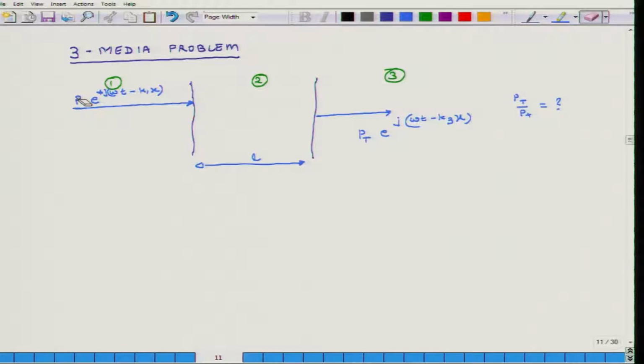Rather, in medium 1, the incident wave amplitude is A1, and then as this wave hits the boundary, part of it gets reflected, and the complex pressure for the reflected wave is A2 e to the power j omega t plus k1x.